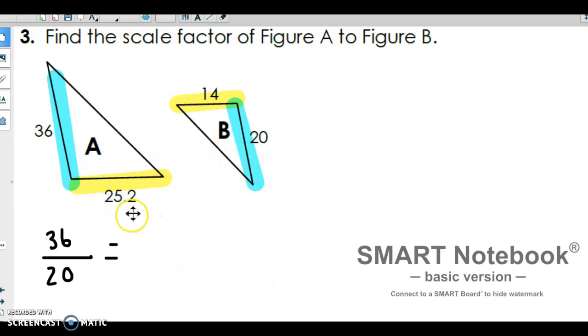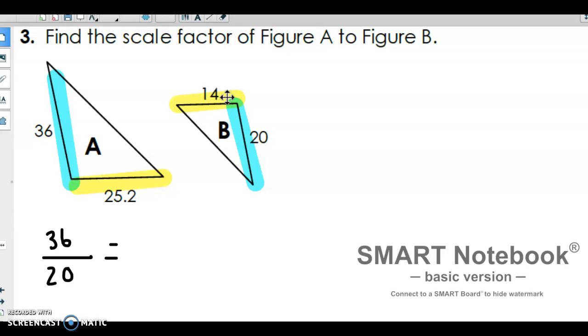And then the 25.2 and the 14, those are corresponding. So what you need to do is find the ratio between a pair of corresponding sides. I would probably use 36 and 20 just because there's no decimals there, so it makes it a little bit easier. But if you wanted to use 25.2 and 14, you could.